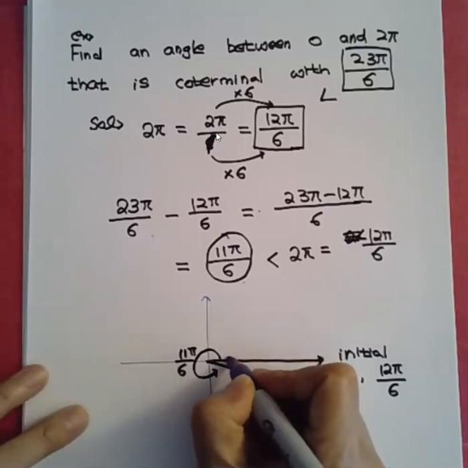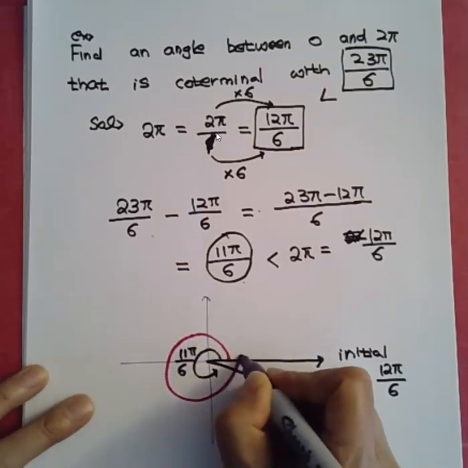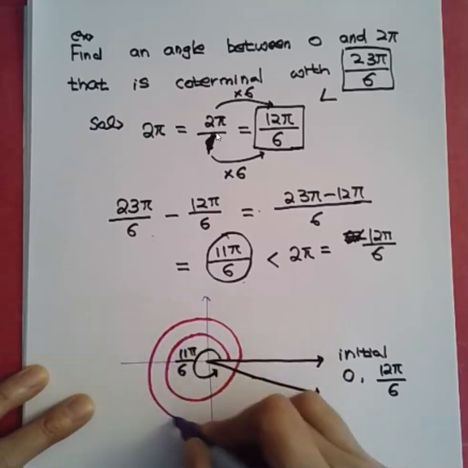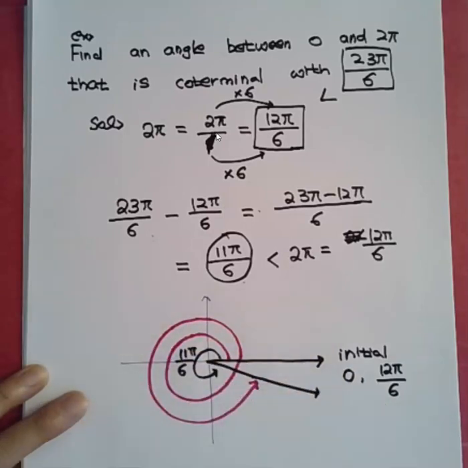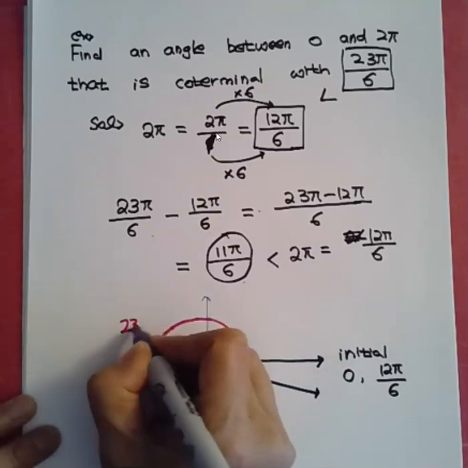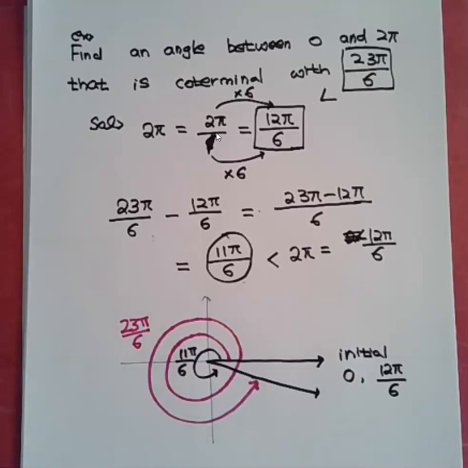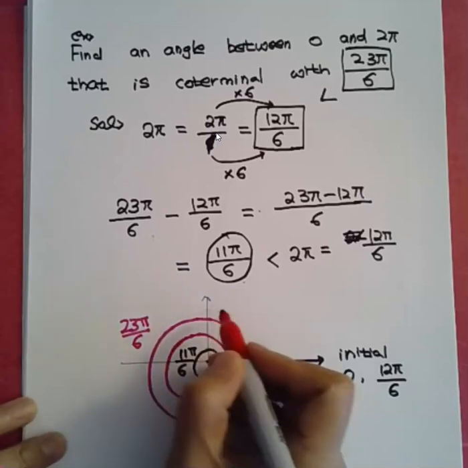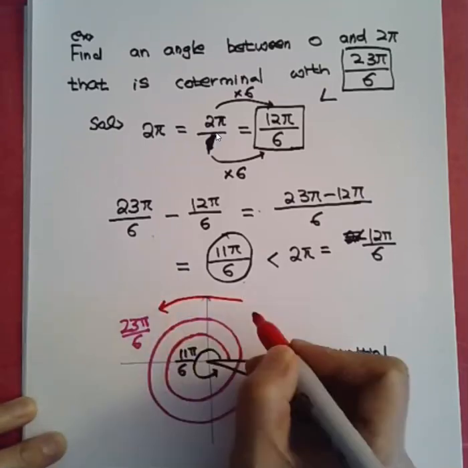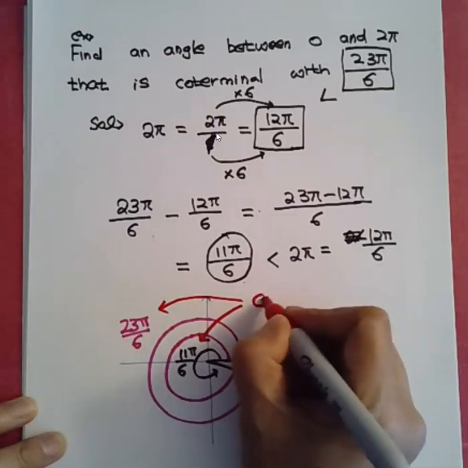So we make one full rotation and then we go 11 pi over 6 amount more, like this. This angle is 23 pi over 6. Those two angles are coterminal angles.